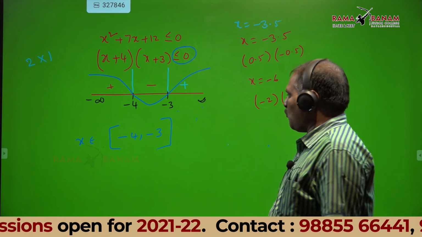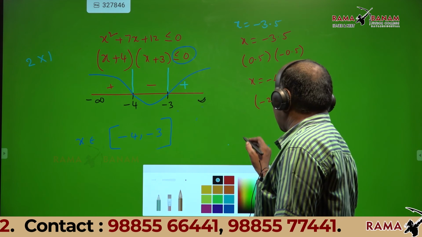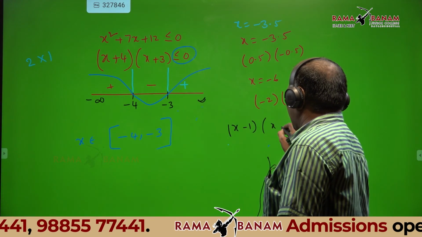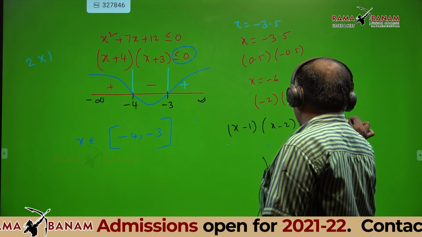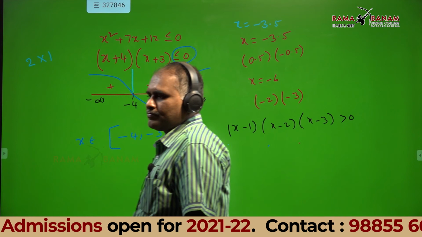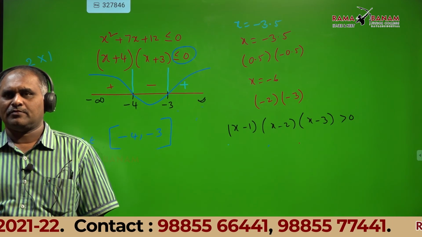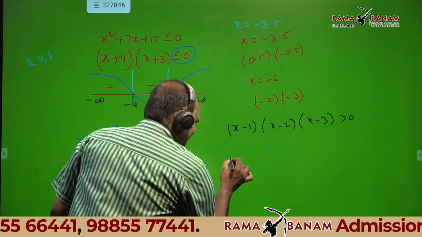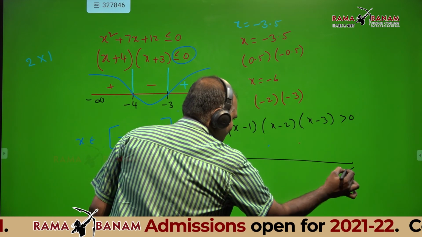One more example: x minus 1 into x minus 2 into x minus 3 greater than 0. What are the roots of that equation? 1, 2, 3, indicated on the number line from minus infinity to plus infinity.